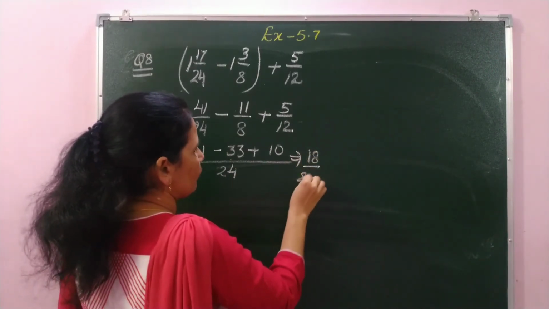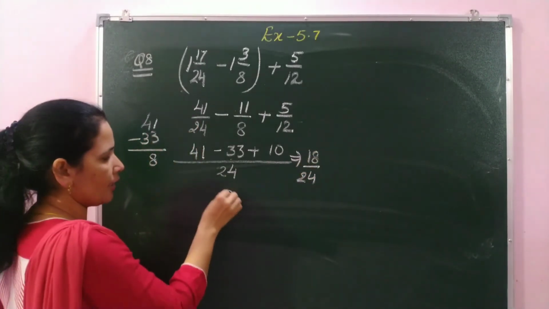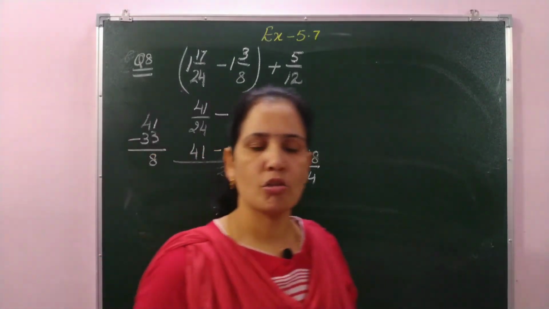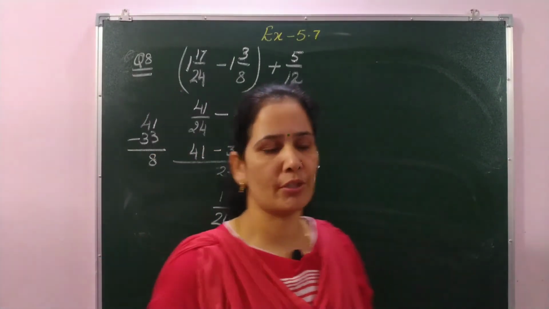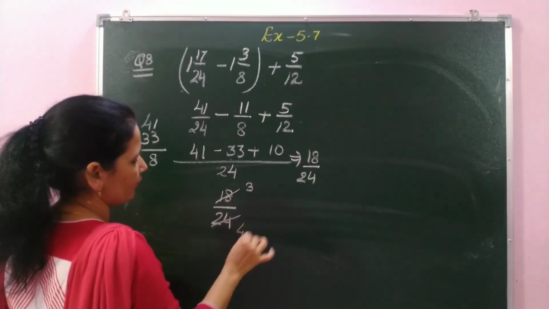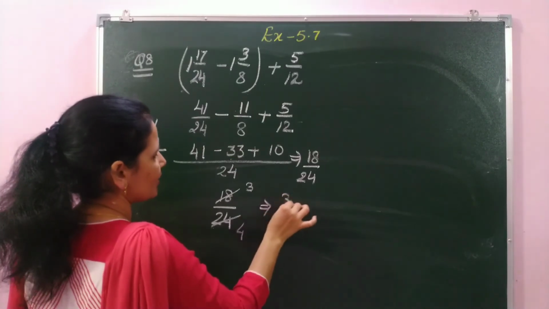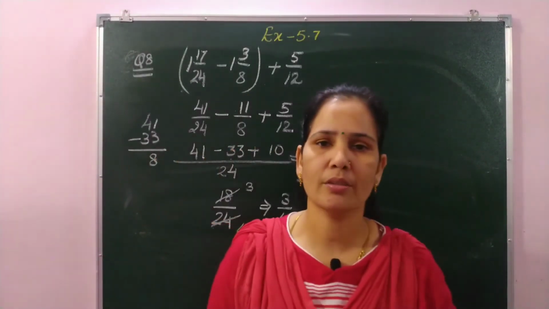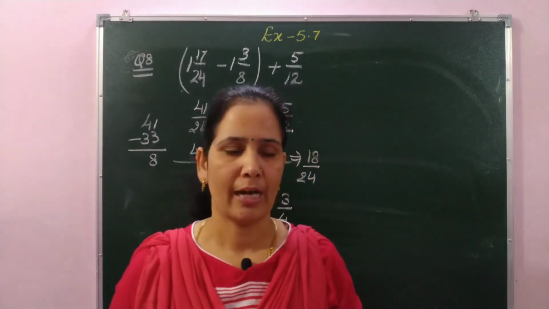18 by 24. Students, we observe 18 and 24 both are multiples of 6. So here we can use the table of 6 to divide this one. 6 3s are 18 and 6 4s are 24. So what is the final answer? That is 3 by 4. We get from here the answer 3 by 4. I repeat again.